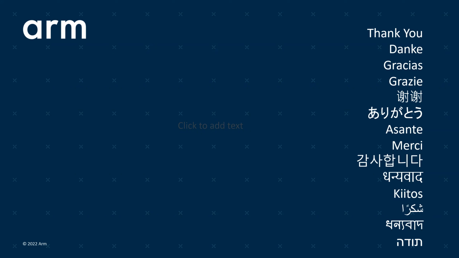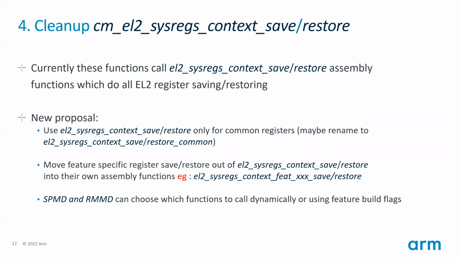Okay, thank you. I have a question for Soby, perhaps Zelalem as well, on item 4, which is providing individual CM restore functions for each feature. I'm trying to convince myself that with the current implementation, the EL2 save and restore are symmetric.